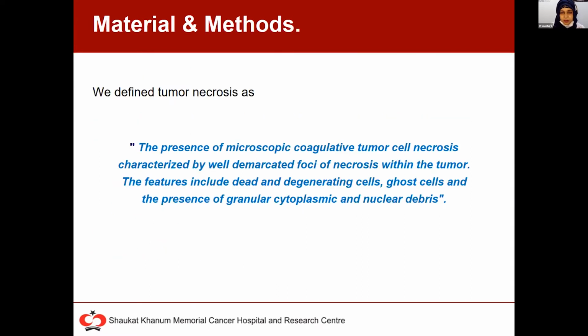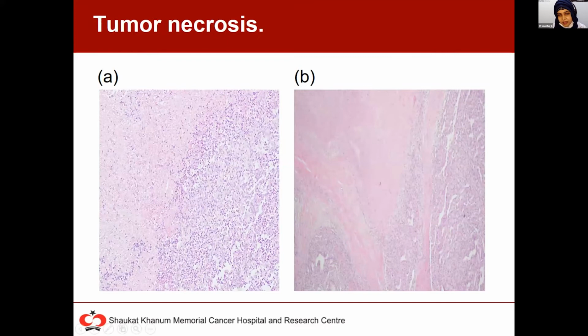We defined tumor necrosis as microscopic coagulative tumor cell necrosis characterized by well-demarcated areas of necrosis within the tumor. These comprised dead and degenerating tumor cells, the tumor ghost cells, and the areas of granular, nuclear, and cytoplasmic apoptotic debris. This is what we actually consider tumor necrosis.